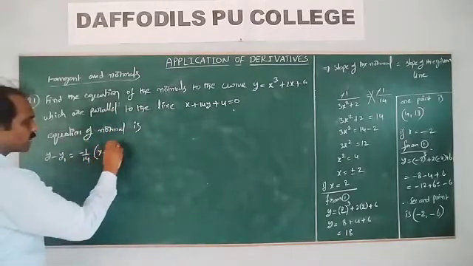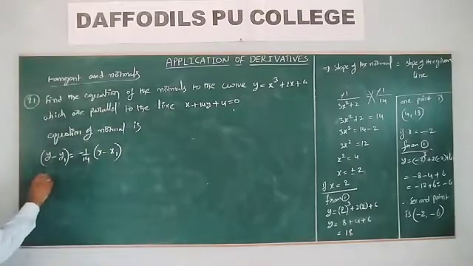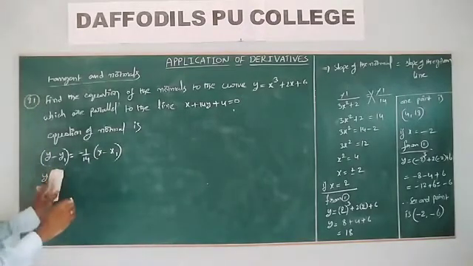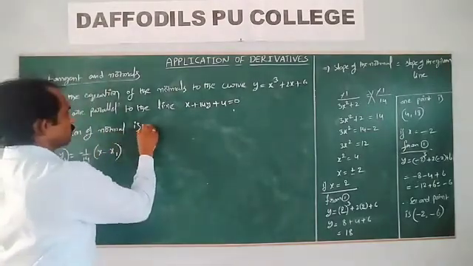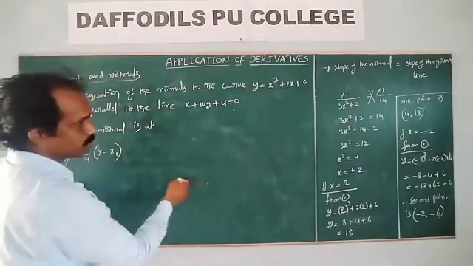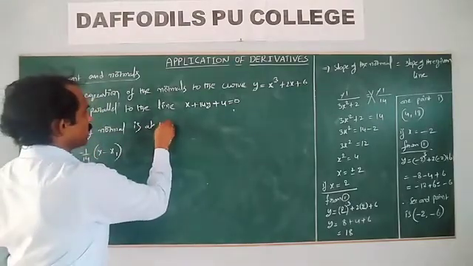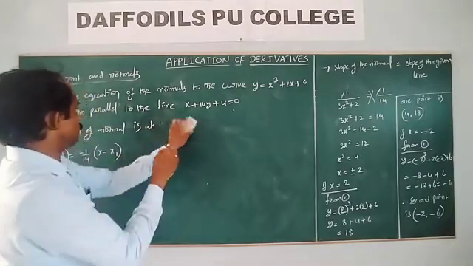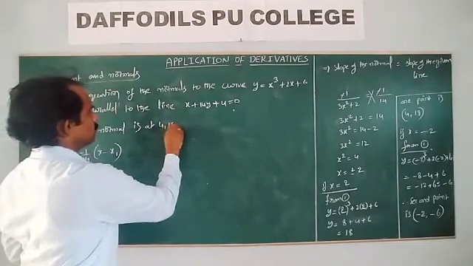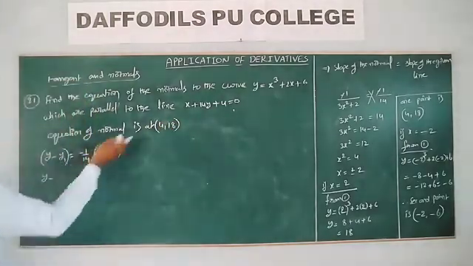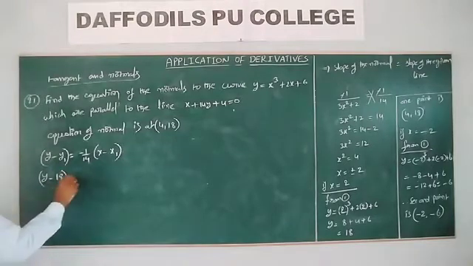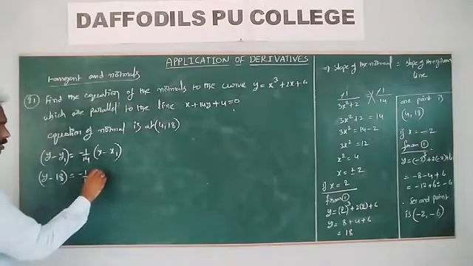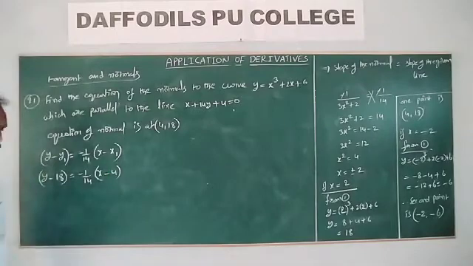Consider the normal at the first point, (4, 18). So y minus 18 is equal to minus 1 by 14 times (x minus 4).